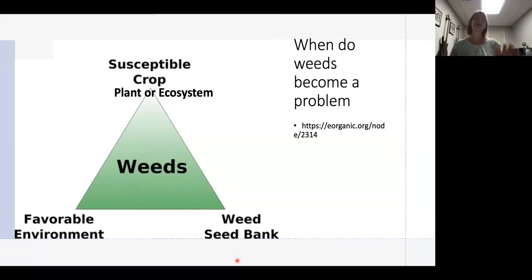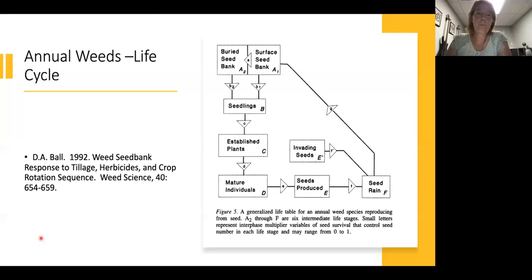But if we do things like construction, or we're working on the roads, or we dig up a plot for a garden, all of a sudden our weeds are close to the soil, they have light, and we have a favorable environment, and they're going to grow. So they're actually using the ability to be dormant to their advantage.